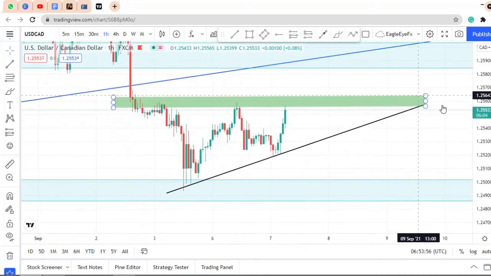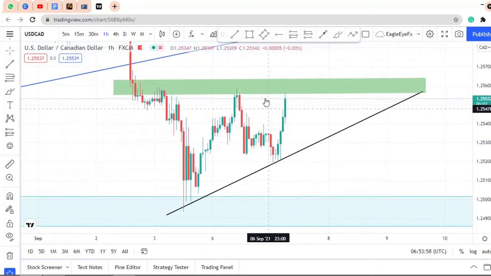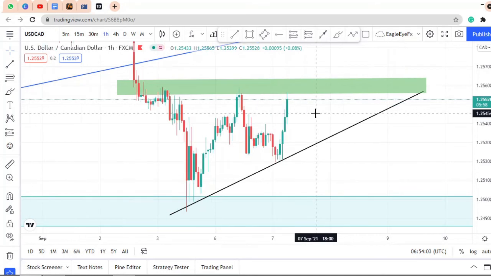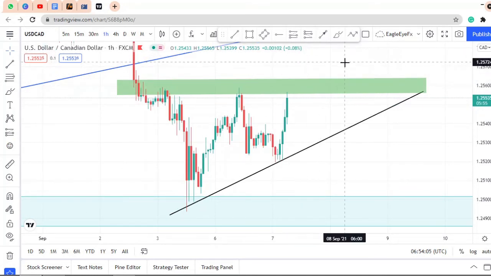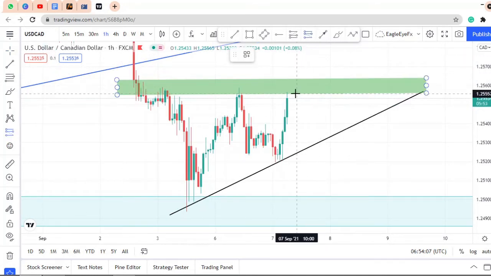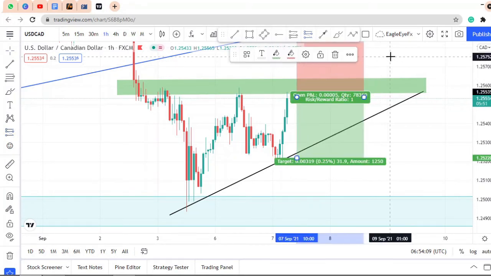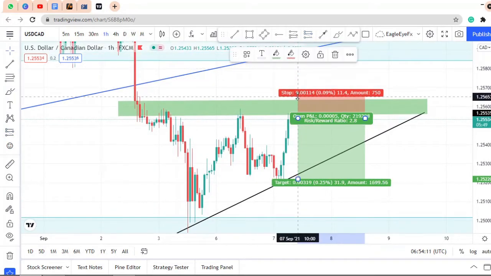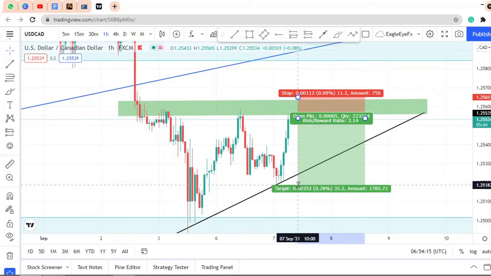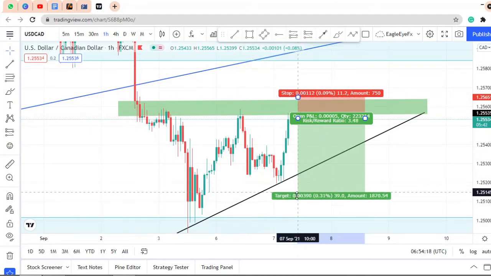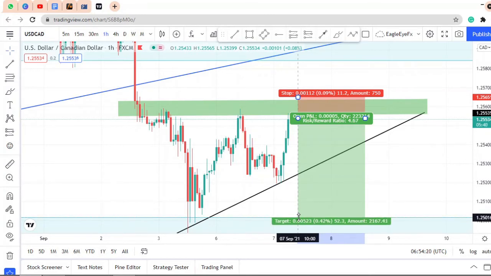I'll wait for some confirmation, either some pin bar or some bearish engulfing, something of the sort. Then I can enter my sell, right? Put my stop loss just above the zone a bit, then target this place, and then target this place here.